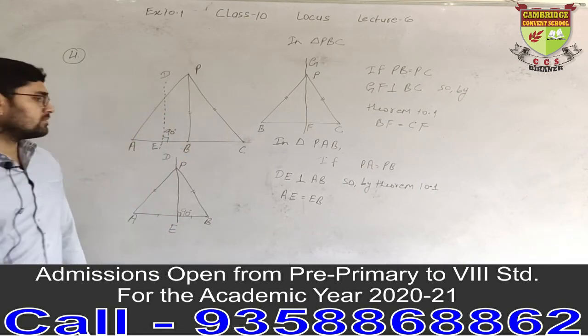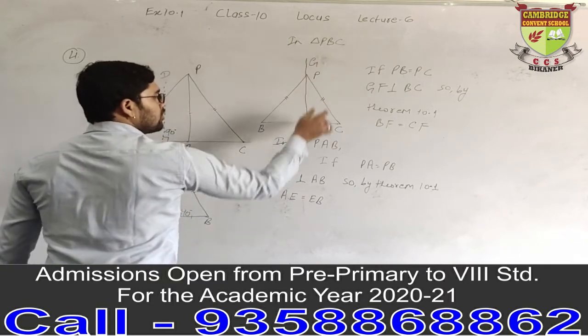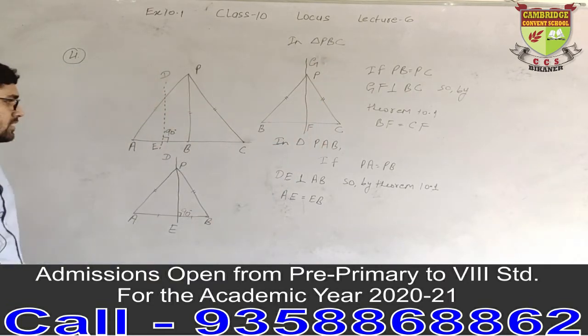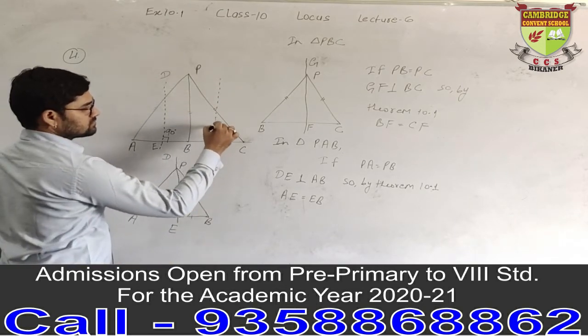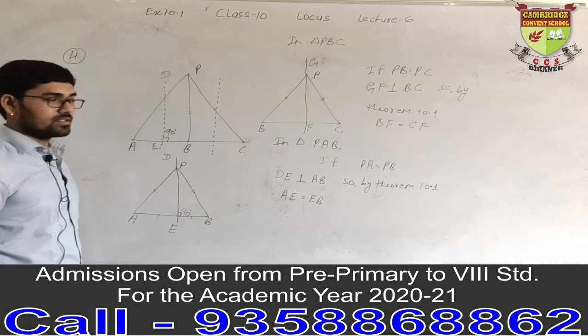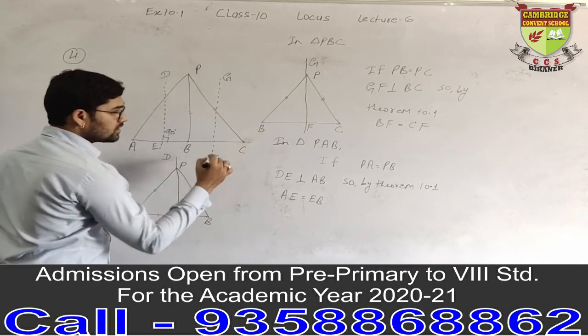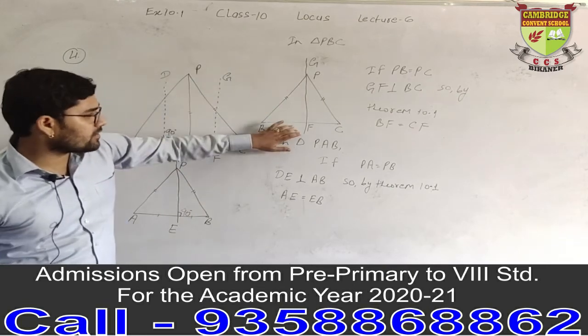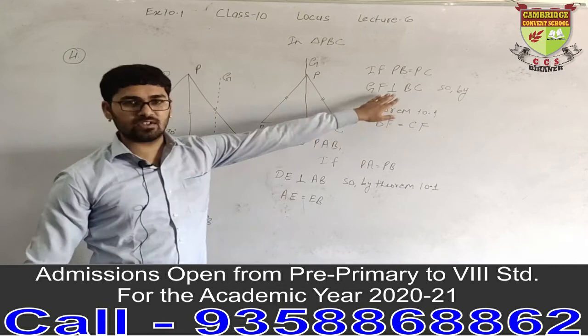Okay, again about this, GF is a line. What is its actual location? Its actual location is somewhere here, right? Give it the name GF, and GF forms an angle of 90 degrees, like we mentioned here.